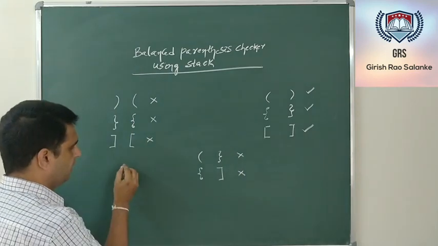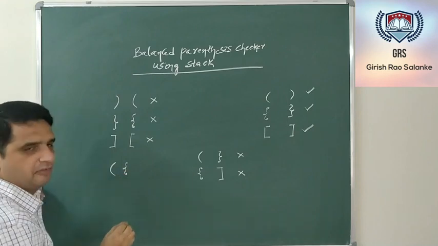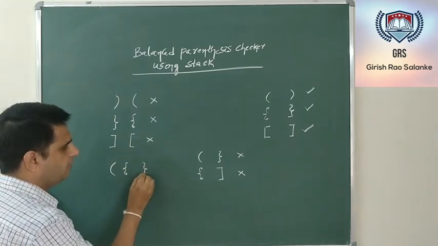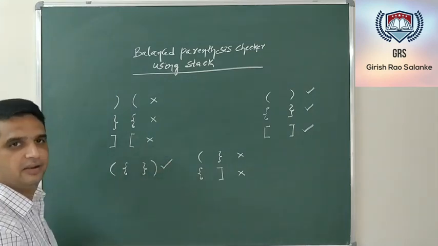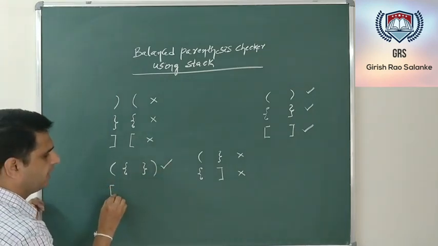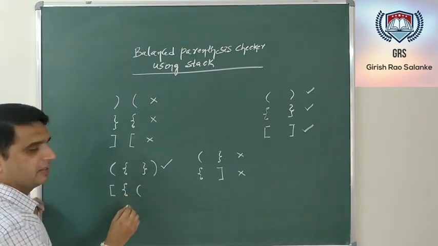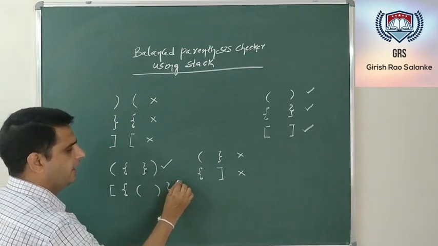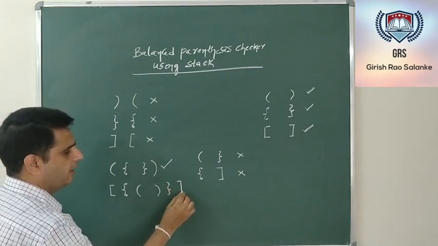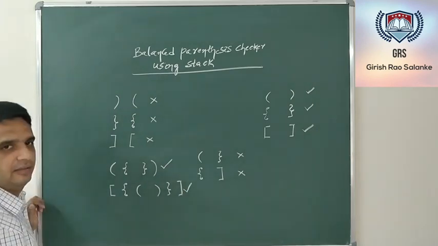Now if I have a left parenthesis followed by a left flower bracket followed by a right flower bracket and a right parenthesis, this is a valid one. If I have a left flower bracket followed by a left angle bracket, a left parenthesis, then a right parenthesis, a right angle bracket and a right flower bracket, even this is also valid.